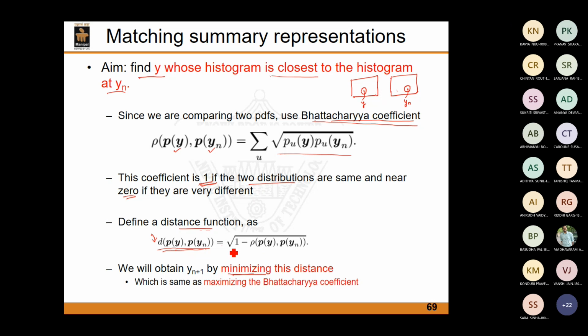The lesser the distance, the more similar the two histograms. So either way, whether you maximize the coefficient or minimize this distance function, what you're trying to finally achieve is to find the value of y for which the histograms are similar. And as I said earlier, we do that within a particular region of interest rather than the whole image.